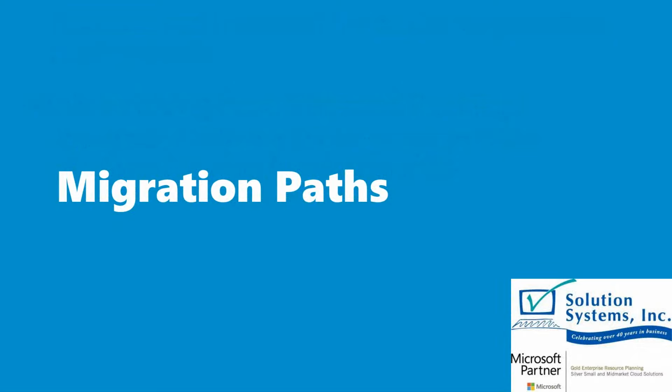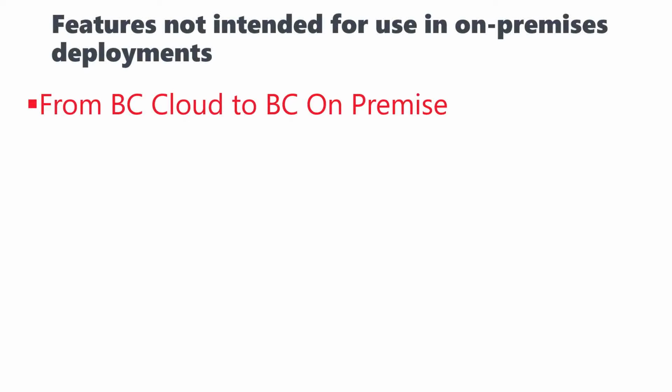Let's finish up this presentation by looking at the migration paths. So migrating from the Business Central Cloud environment to a Business Central on-premise. There is no defined migration path available to move your current environment from the cloud to on-premise.